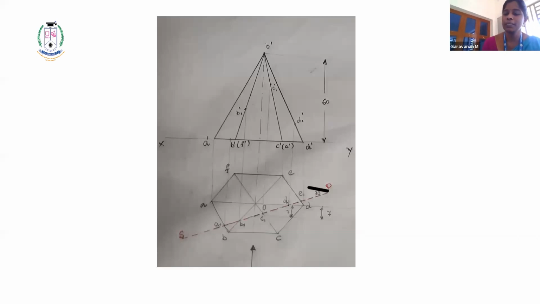For the previous condition, we got the sectional top view. Here the sectional plane is inclined with respect to the vertical plane and perpendicular with respect to HP. We have shown the sectional plane on the top view.